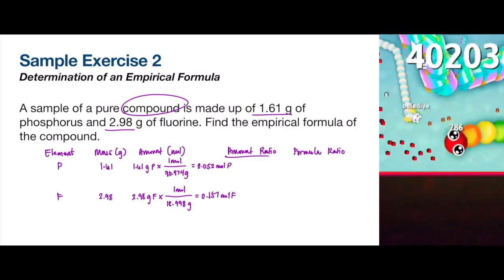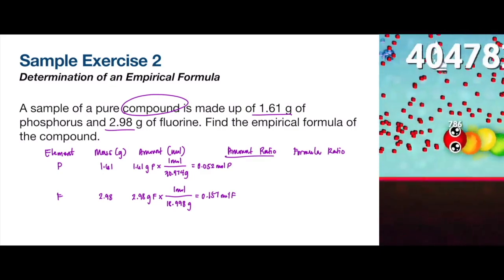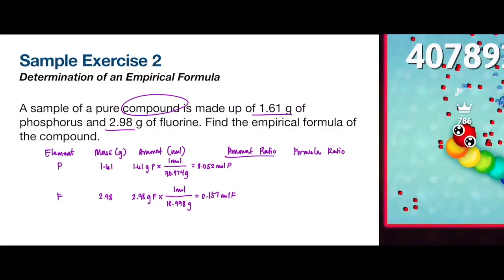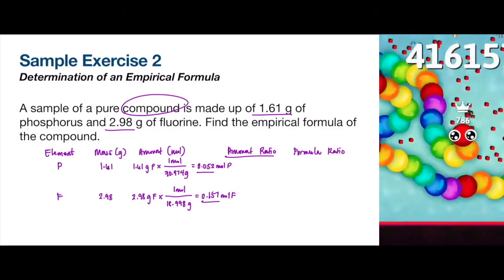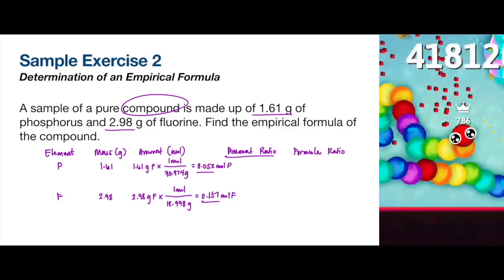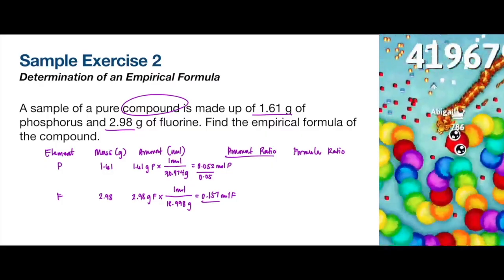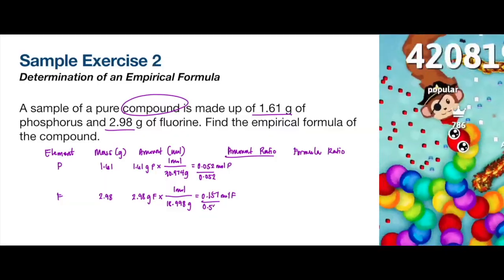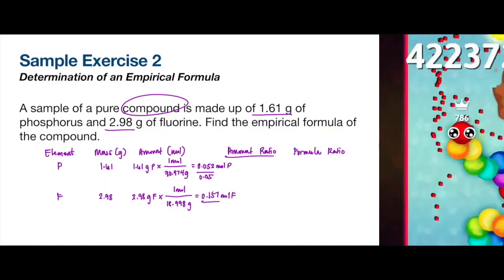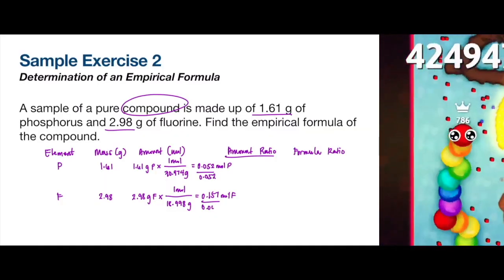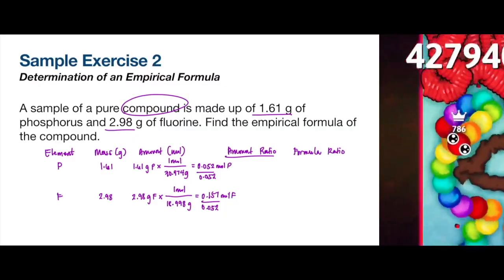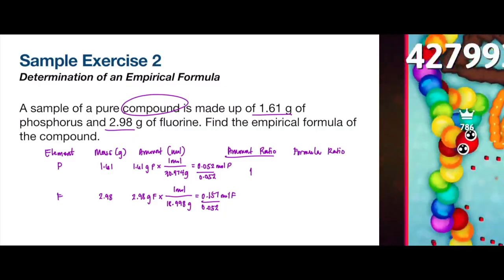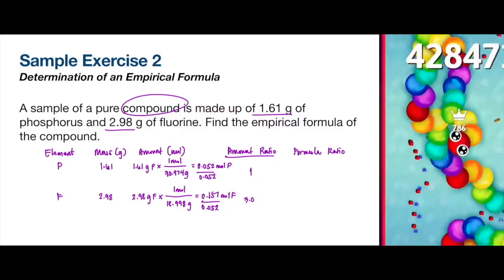Recalling that the amount ratio quantities are obtained by dividing each number of moles by the smallest number of moles, which is the phosphorus, we divide both values by 0.052. We get the amount ratio for phosphorus as 1 and the amount ratio for fluorine as 3.02.